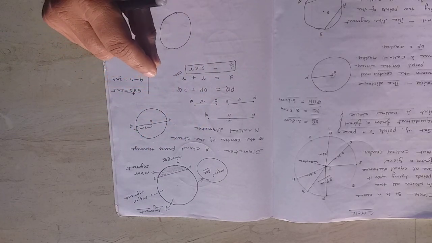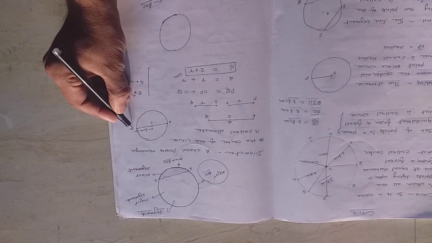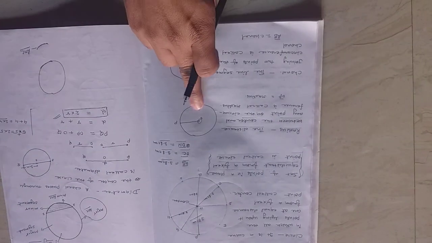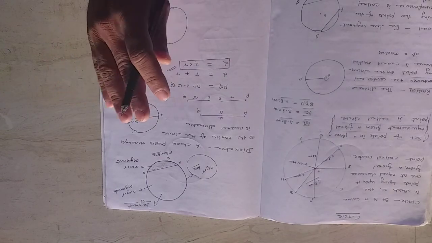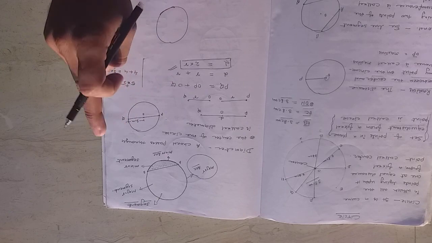And now here I have done very important derivations, children, see. This OQ and OP both are radius, because you can see here in this figure OP is a radius. That's why OQ and OP both are the radius, and by the definition I am telling that PQ is a diameter.